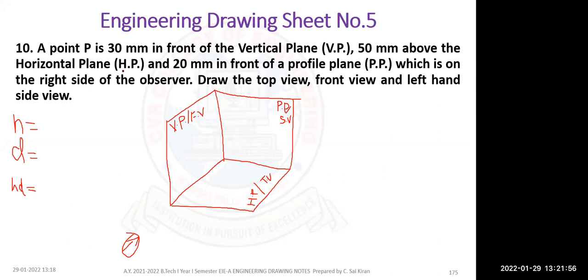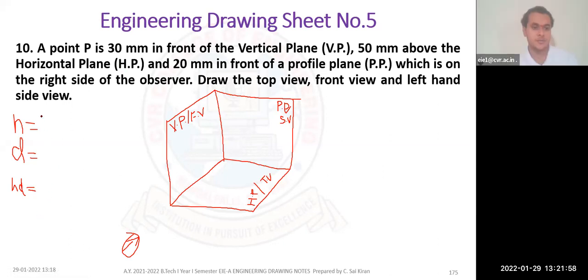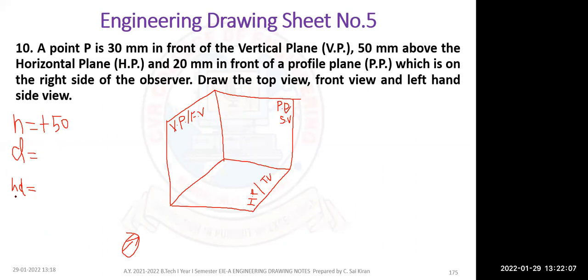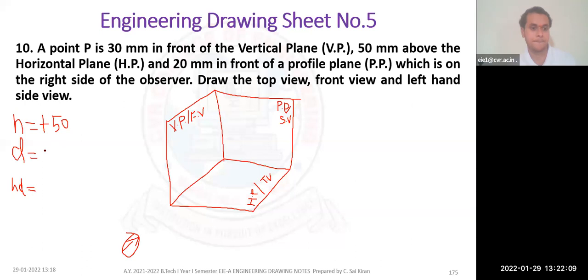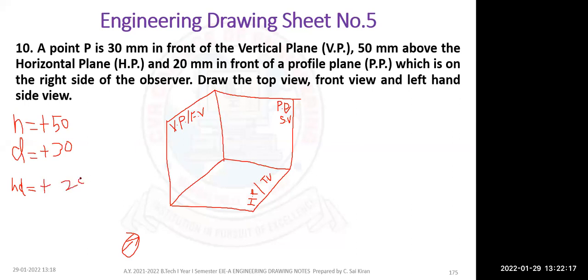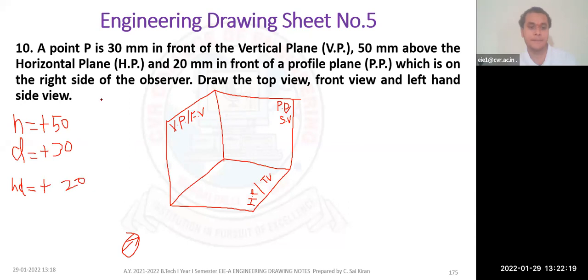The H value is plus 50. What is the D value? Plus 30. And what is the HD, which is nothing but the side view? Plus 20. The point we are projecting is P.